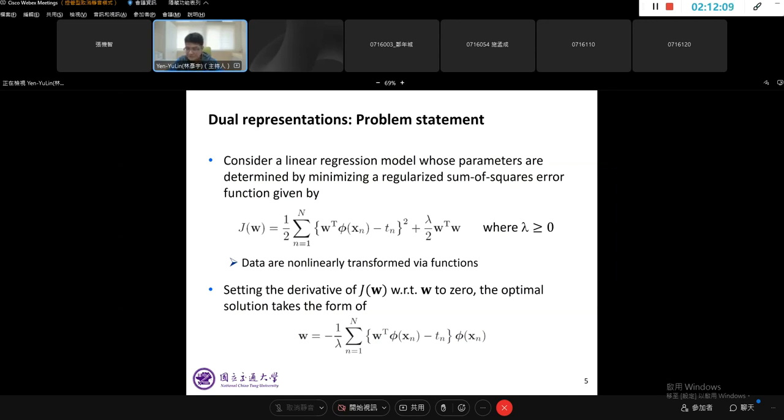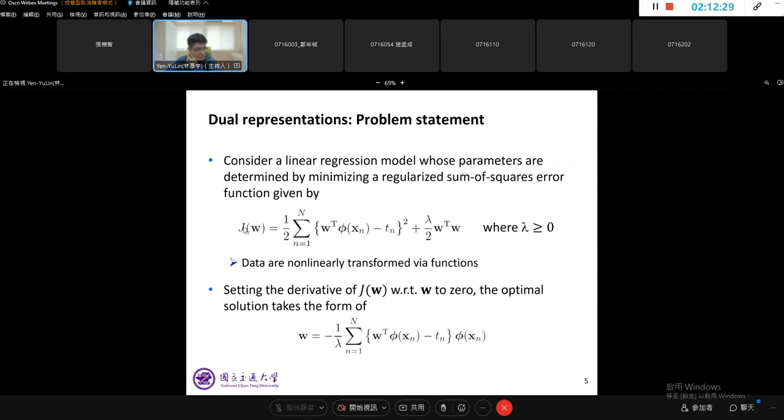In the second lecture this semester, we considered the sum of square error and a regularization term to derive a linear regressor. Let's consider this objective function again.